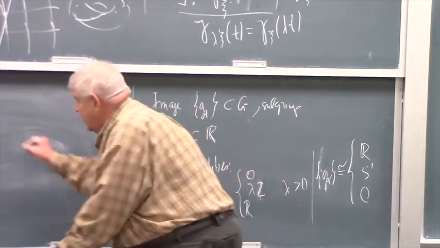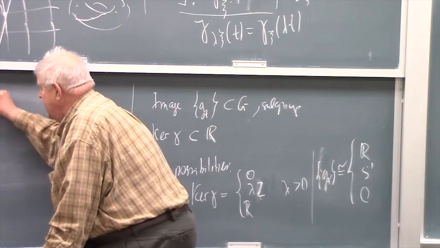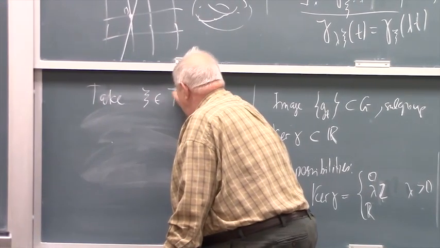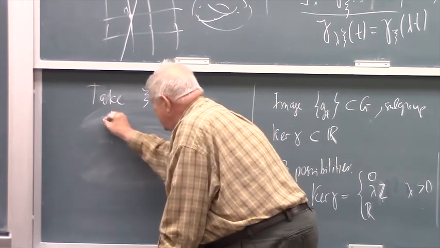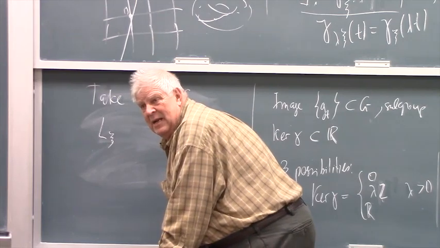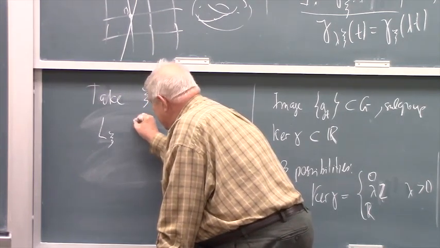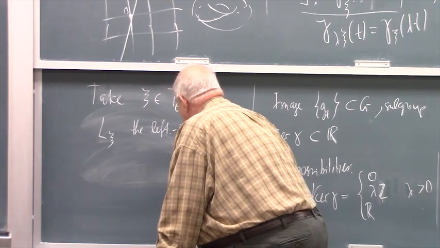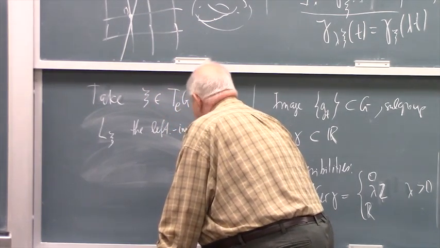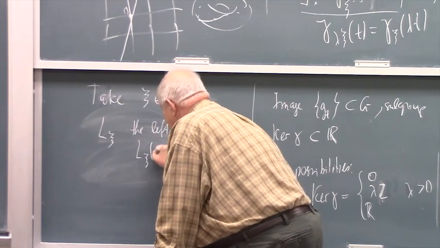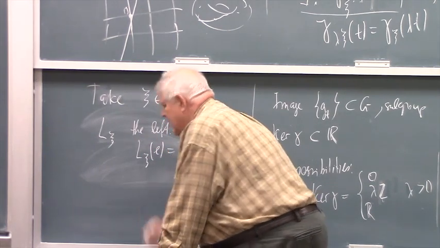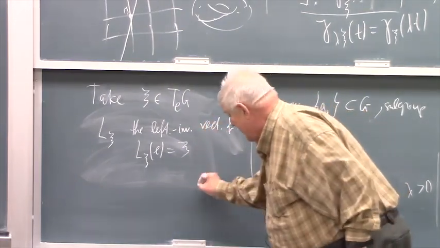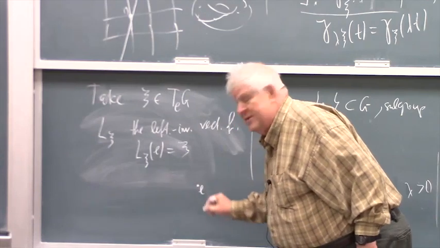So we take xi, and take L xi. This is the left invariant vector field with L xi of e equal to xi. This is better, because now I have a vector field, vectors at all points.